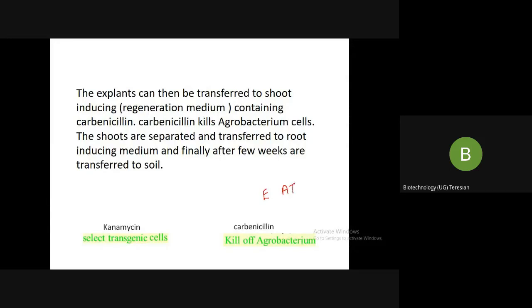Transformed agrobacterium. This transformed agrobacterium is sending only its plasmid. Only the plasmid will enter into your explant. Will the entire agrobacterium get into your plant? No, it is only the plasmid which is entering.